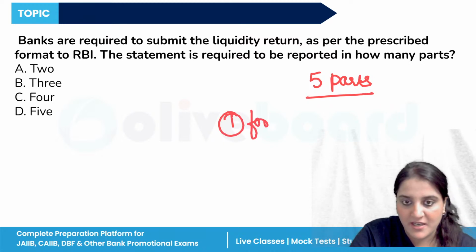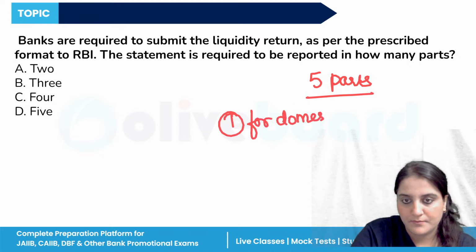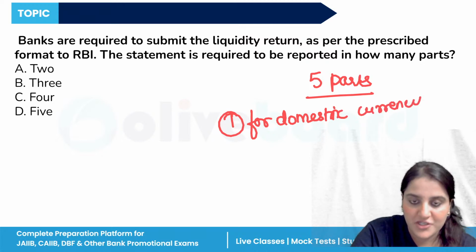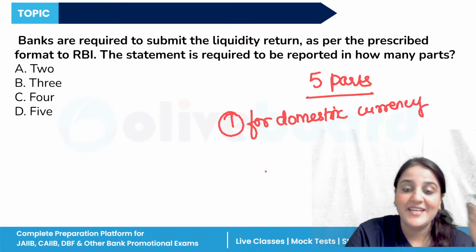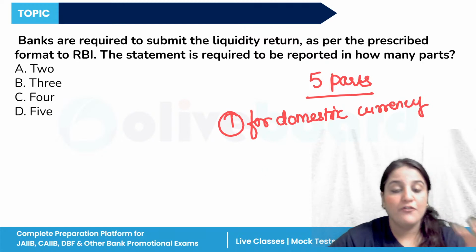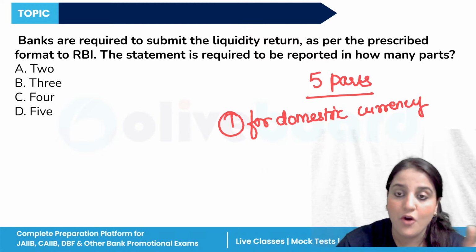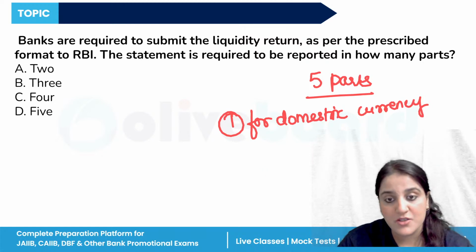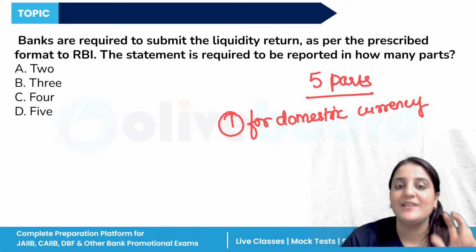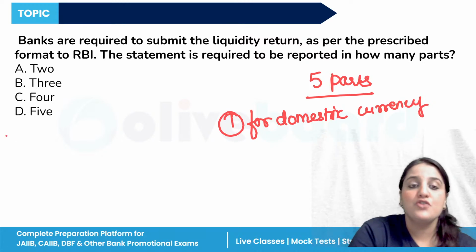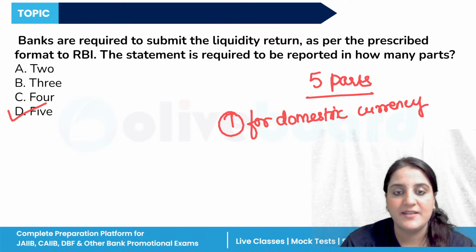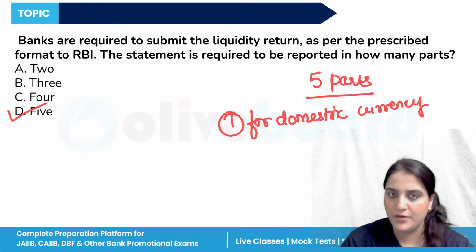For domestic currency, Indian operations; for foreign currency, Indian operations; for combined Indian operations; for overseas operations; and for the consolidated bank operations. So option D is correct here, that is 5.